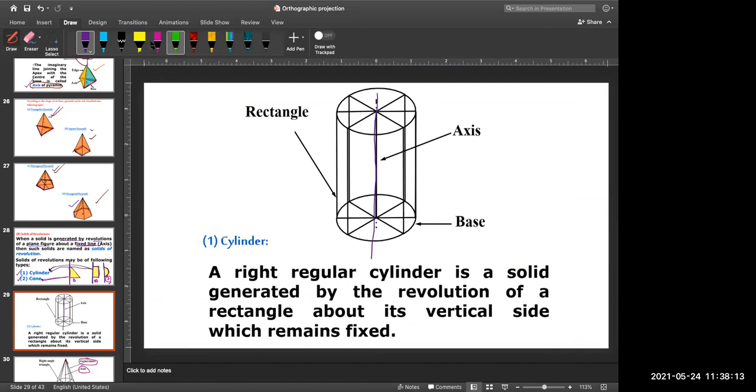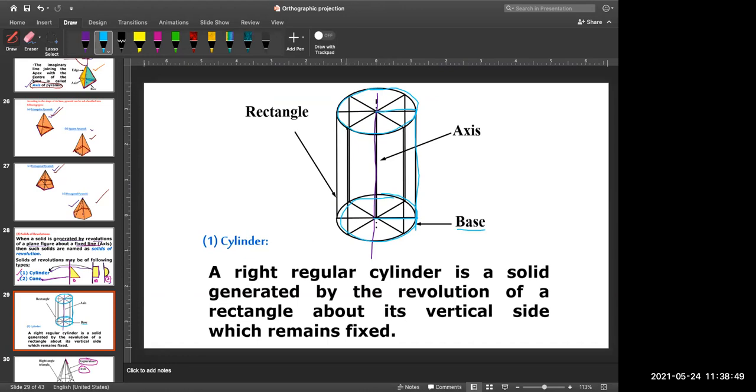So suppose this is your one rectangle, and if you rotate this rectangle about this axis line, then you will get this cylinder. And these two circles, one at the bottom and one at the top, these two circles you can see, these are called the bases of the cylinder.